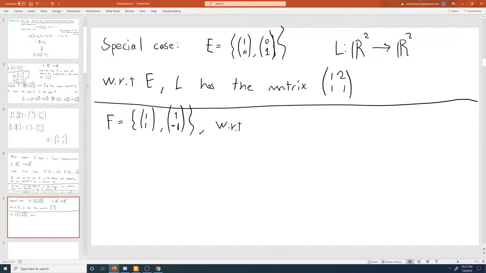With respect to F, L has a matrix B. Find it.